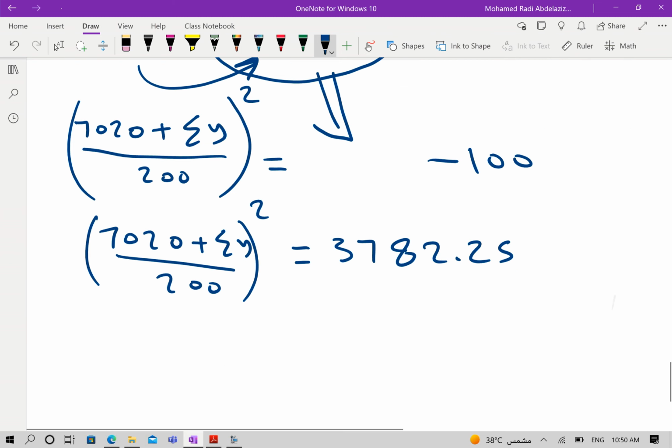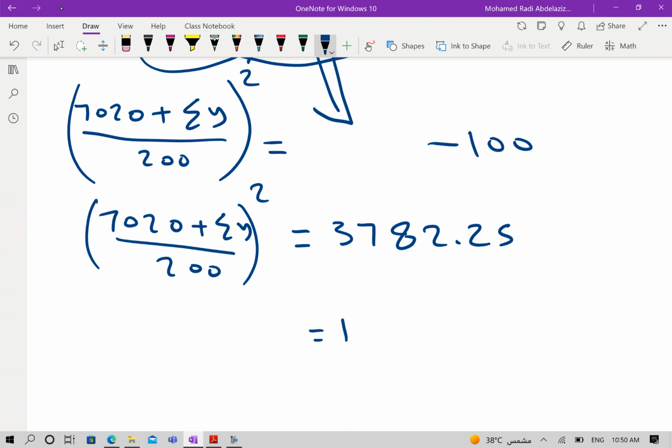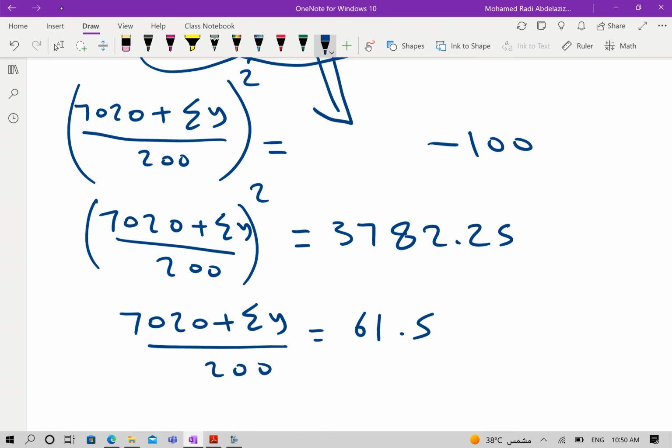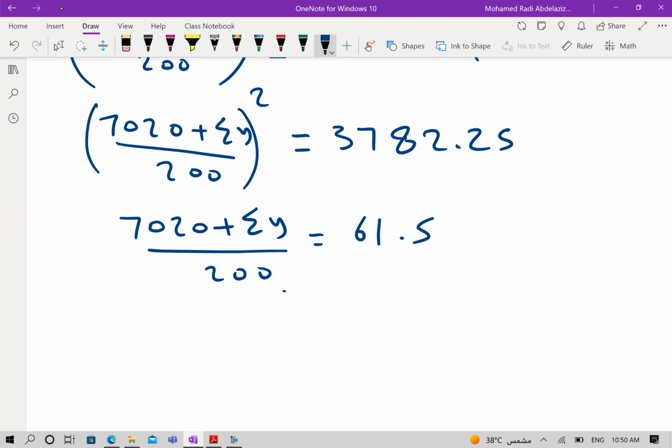By taking the positive square root of this number, we get 61.5. Then 7020 plus summation of y over 200, multiply by 200, then move 7020 to the other side, so summation of y equals what?